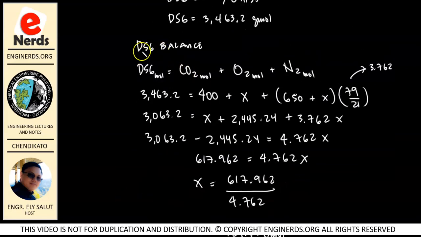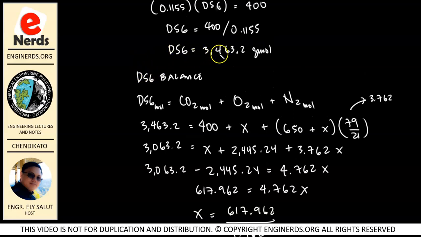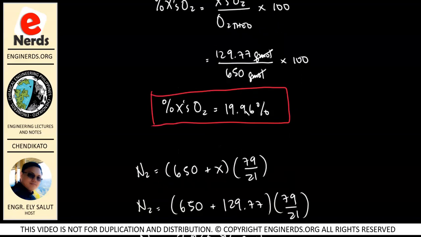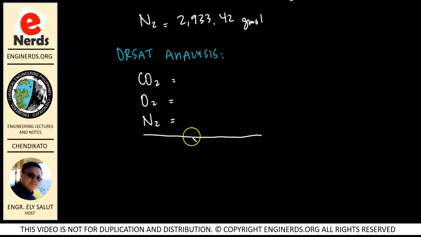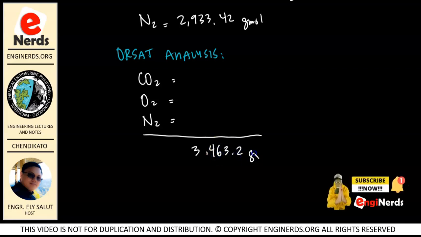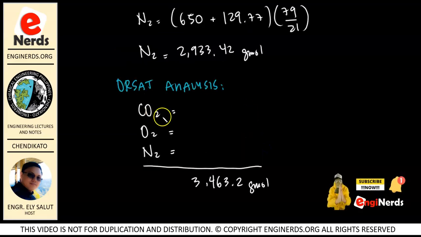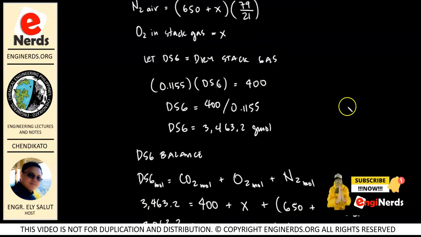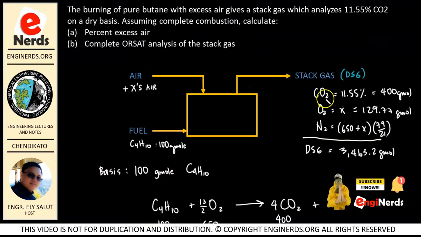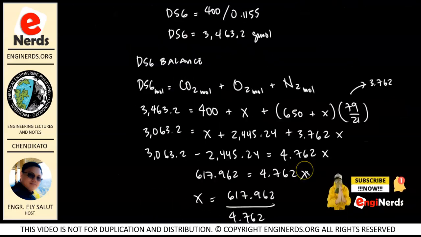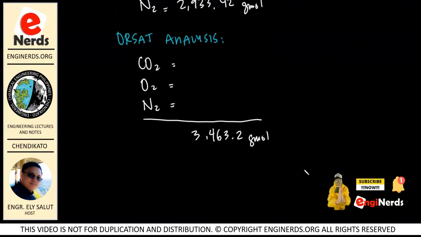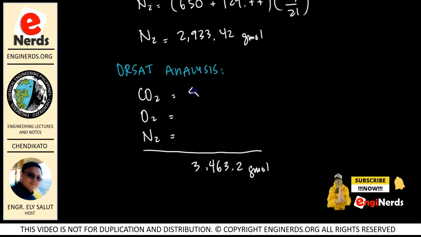Our dry stack gas, which is 3,463.2 gram mole. For our CO2, we already know that from here. Our CO2 is 400 gram mole.